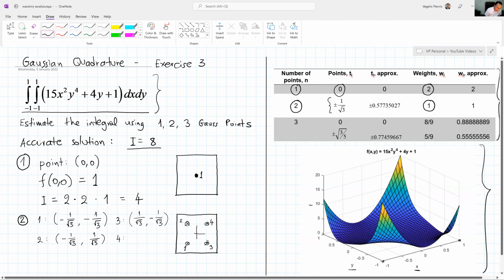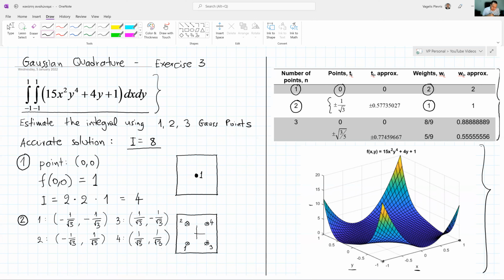And for point 4, both are positive, 1 over square root of 3 and 1 over square root of 3. So these are my points now. And let's see the weights. The weights are 1 for each point.